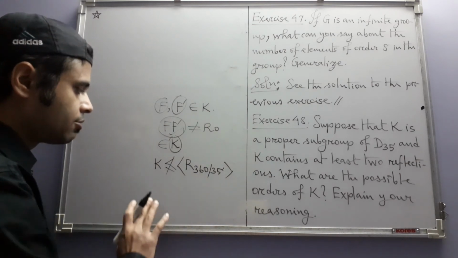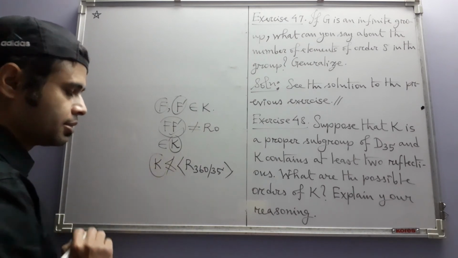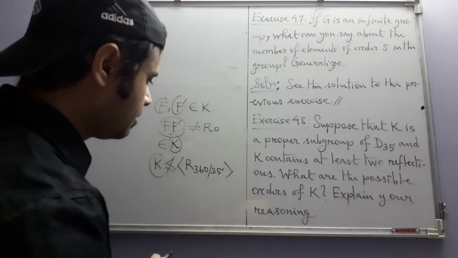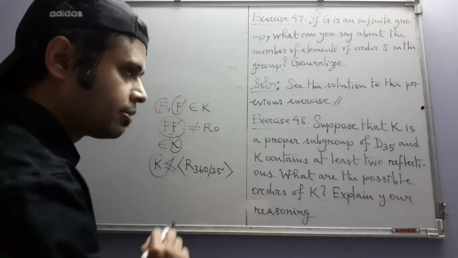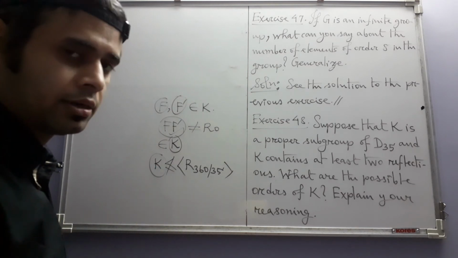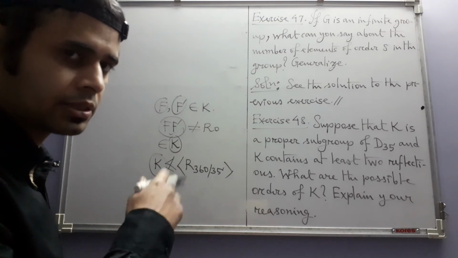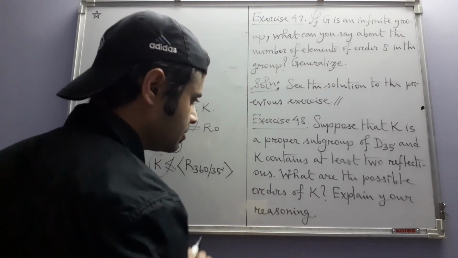So taking into account everything, you will have to somehow guess the order of K, but since K is not entirely contained in this, you cannot use the results of cyclic groups, the results that we have in this chapter. So that's where the problem lies.